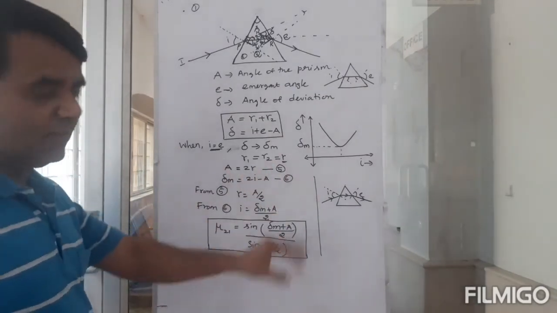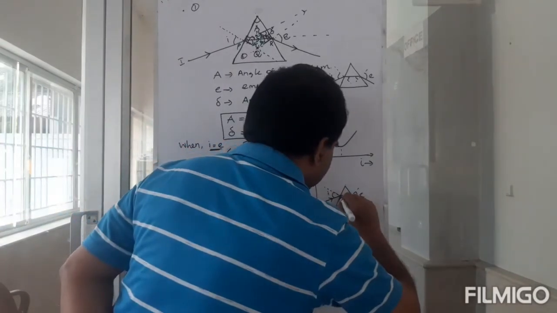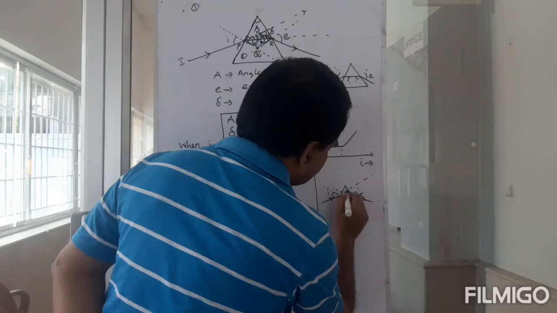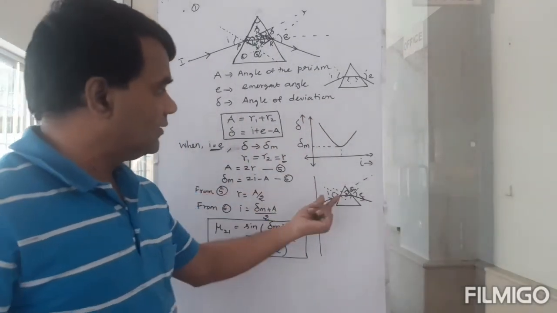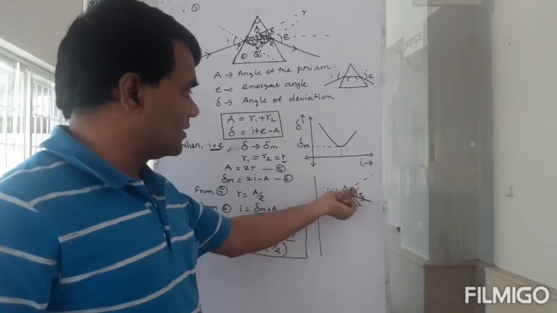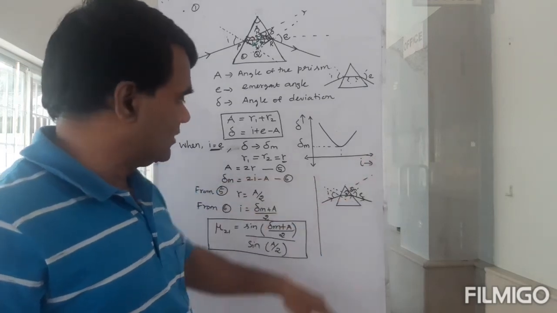So this is what I've done. Now how do I get delta M? I just need to extend this, and then I extend this, and this is the angle delta M. If I is equal to E, then just by extending these rays, I can find delta M. If I can measure this, then I can measure the angle delta M very easily.